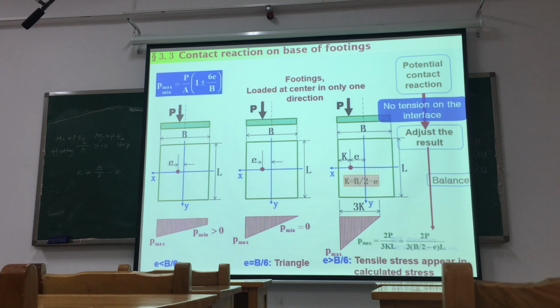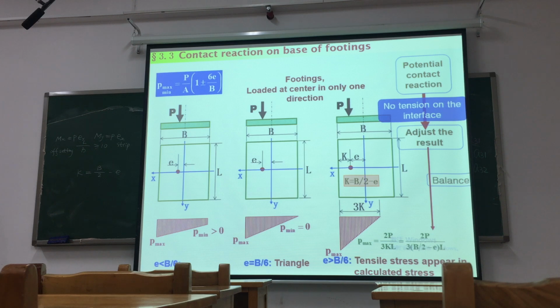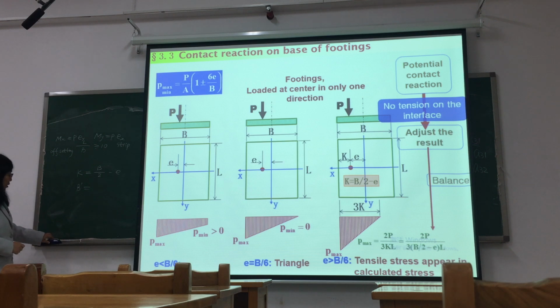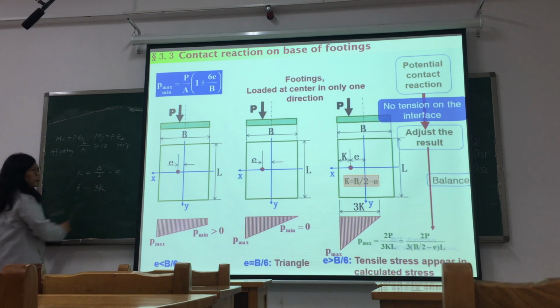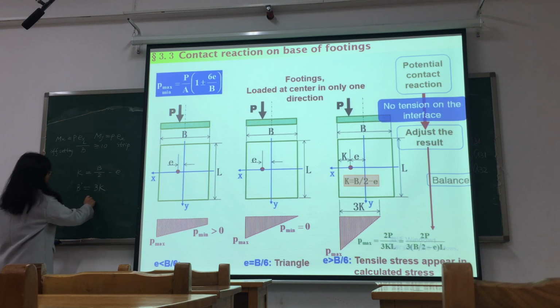Okay, so k equals half of b minus e, and then the effective width of the triangle is maybe 3k.